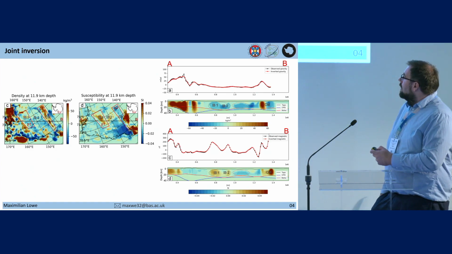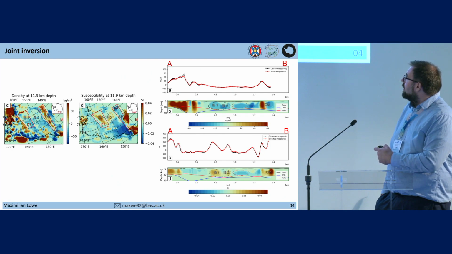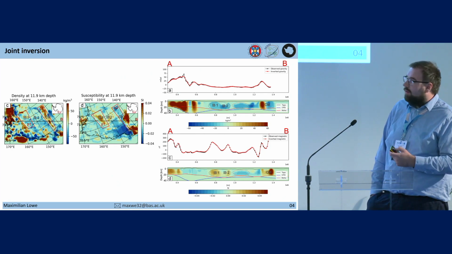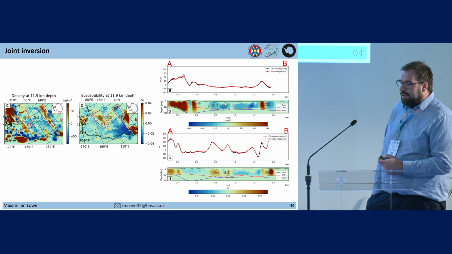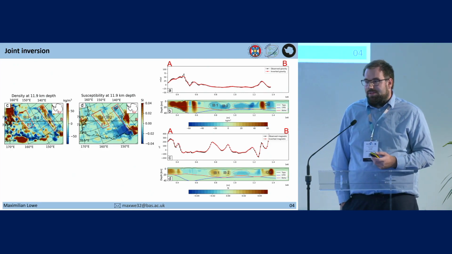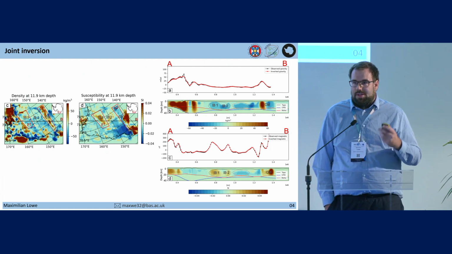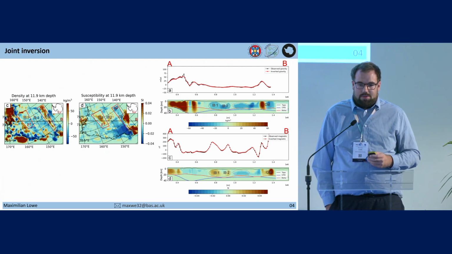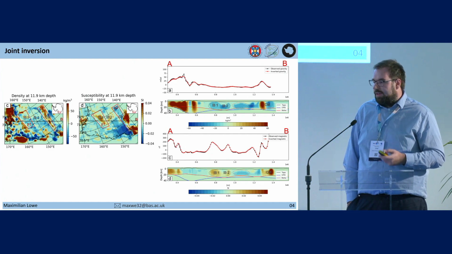So we jointly invert from the top of the bedrock down to the Curie depth point, and then from the Curie depth point down to the Moho depth, we only do gravity inversion and get no susceptibility values there. This is quite neat, because traditionally in joint modeling approaches the Curie depth is set at a constant value of 10 to 15 kilometers, and here we have a way of accounting for variability in the Curie depth.